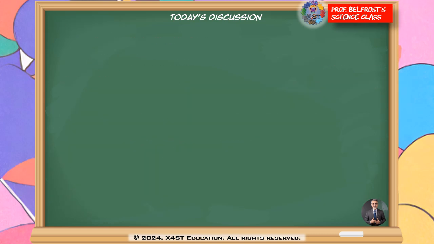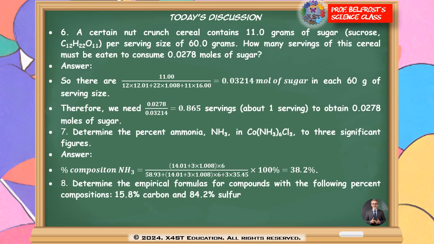Number 6. A certain nut crunch cereal contains 11 grams of sugar, which is sucrose, per serving size of 60 grams. How many servings of this cereal must be eaten to consume 0.0278 moles of sugar? First we need to find how many moles of sugar are in each 60-gram serving. It's very easy: the mole is just the mass divided by the molar mass.